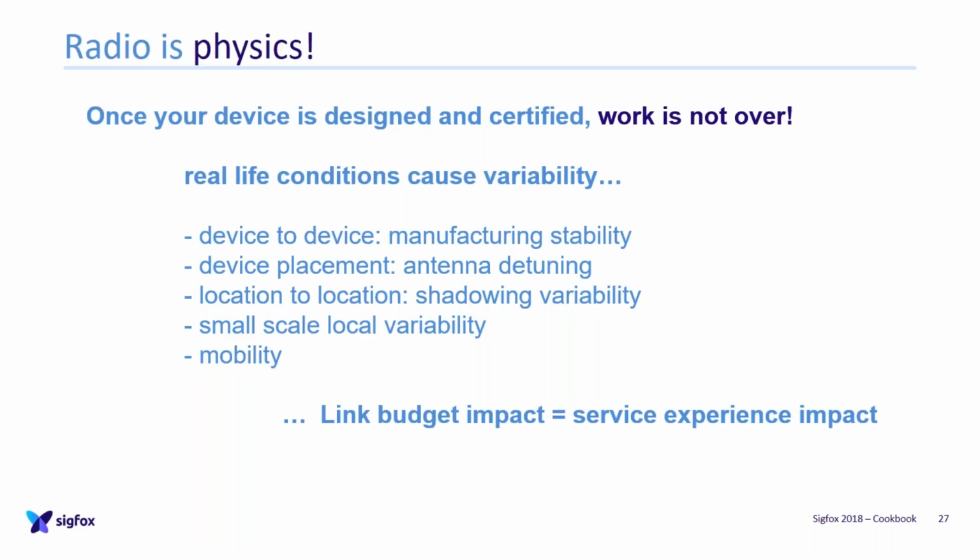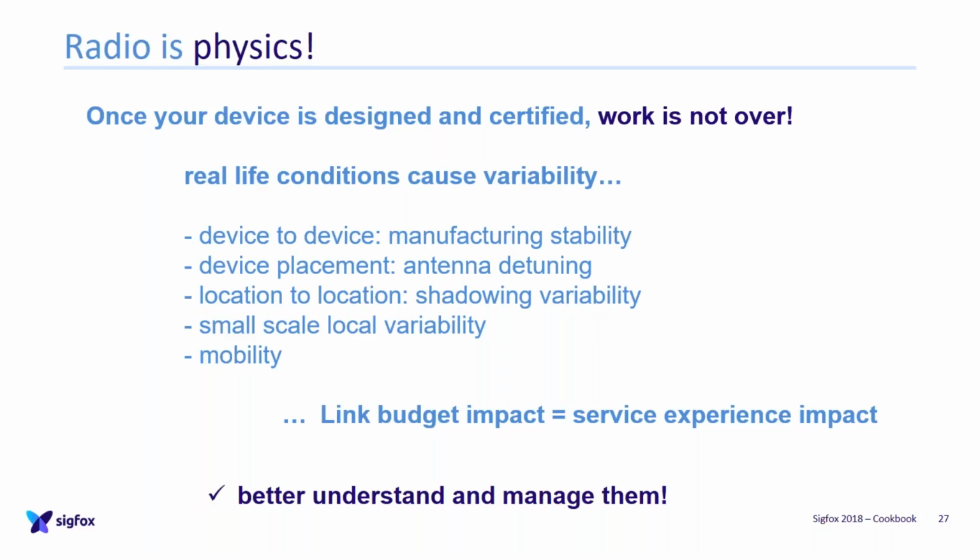fading, etc. Now, all the elements that I have cited have a link budget impact, and the link budget impact is a service experience impact, and in the end, the service experience impact is a cost impact for you and for Sigfox, for all of us. This is why it is important for you to understand the variability causes and think in advance about how your devices will be used in the field, in order to avoid the perception of variability.